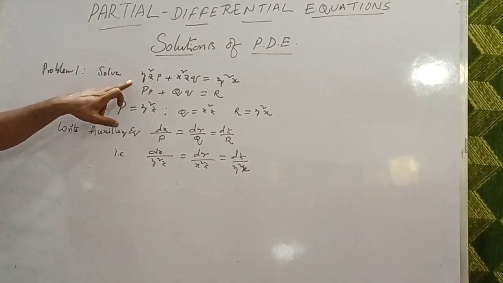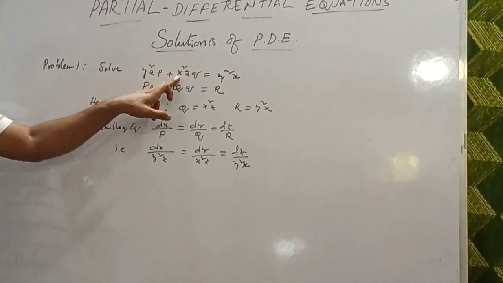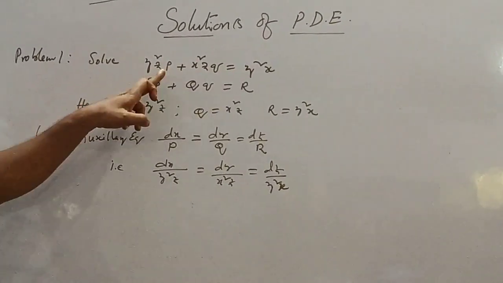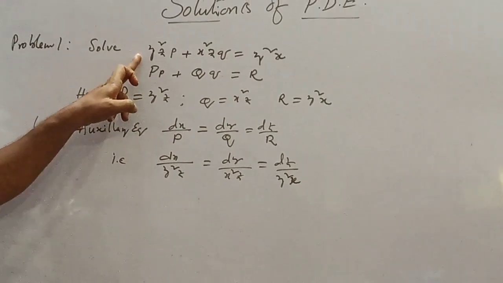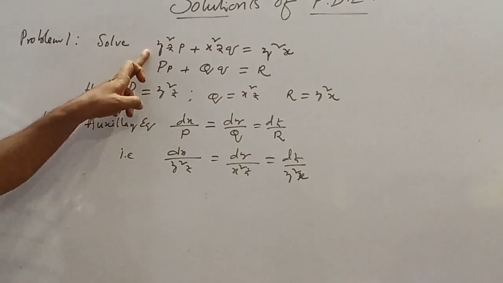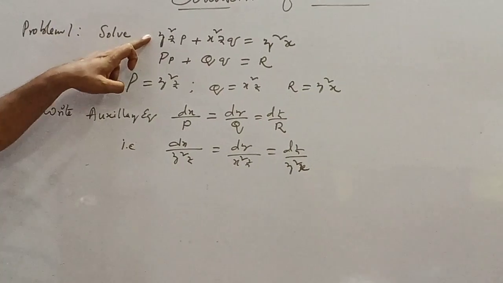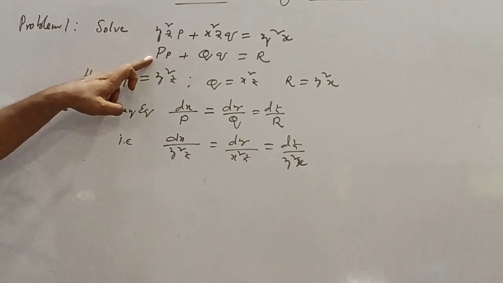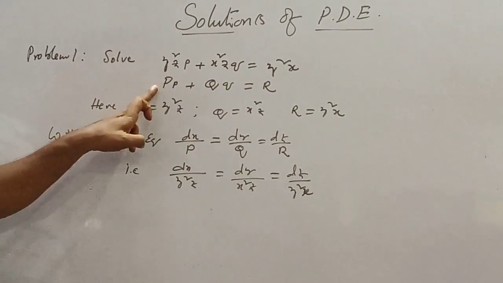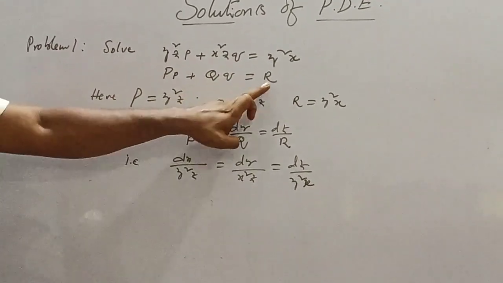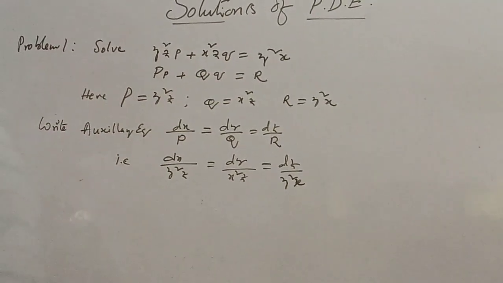Solve y square z p plus x square z q equal to y square x. Here p has power 1 and q has power 1, so it is a linear differential equation of first order. Also observe that it has the form Pp plus Qq equal to R, so it is a Lagrange's linear PDE.